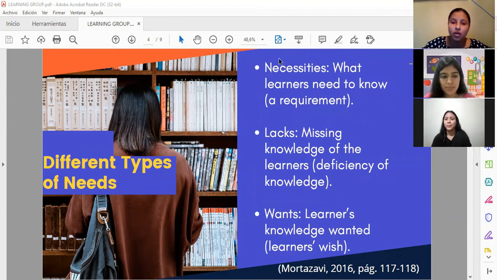Can you give me examples of necessities? Yes, I can. The necessity is what learners need to know. The students should be responsible for their actions with the environment. Therefore, it's essential that the students be taught the subject of environmental awareness.